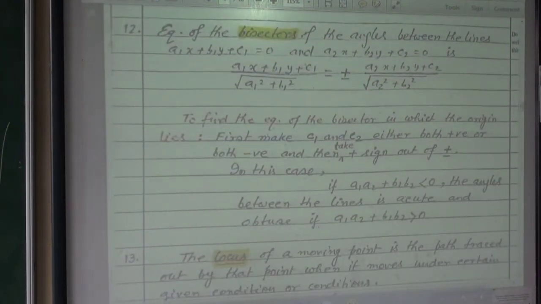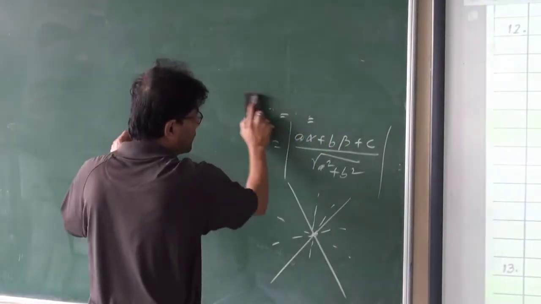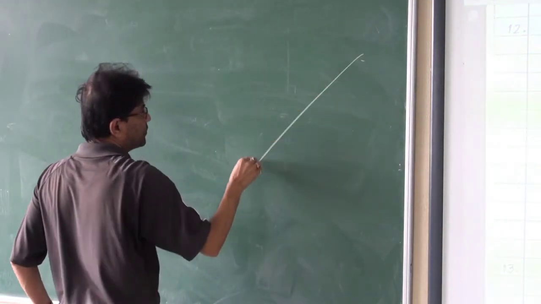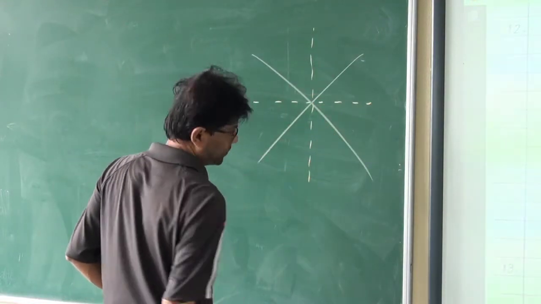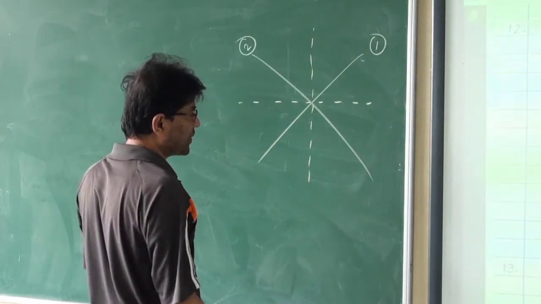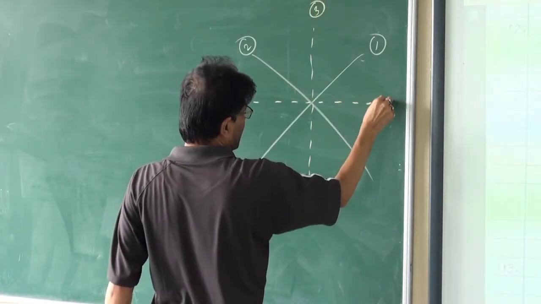Next is the equation of the bisector of the angles between the lines. These 1 and 2 are two intersecting lines. 3 and 4 are the bisectors.